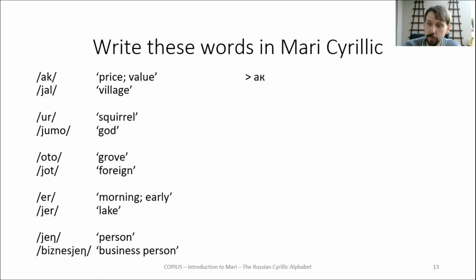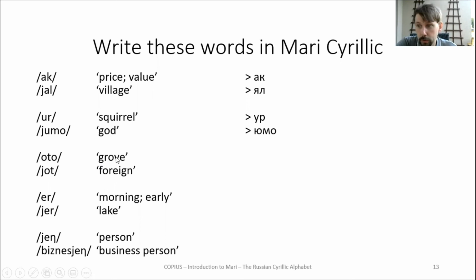You just need 2. Yal, ya, el, because you do not use y and a, these 2 graphemes, separately after each other. If we have ur, the scroll, we write ur. If we have yumo, God, or a God, depending if you are in a monotheistic or polytheistic context, yumo. You have to choose this one here.